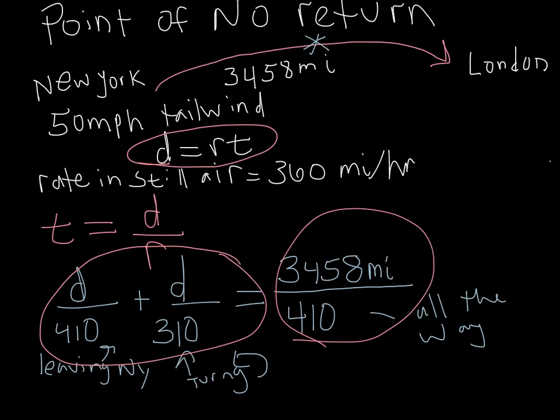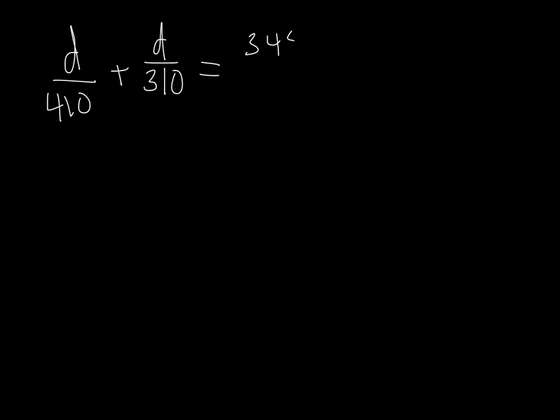All right, now we can go ahead and solve this. So if we take distance over 410 plus our distance over 310 is equal to the miles all over the 410, because of that tailwind.